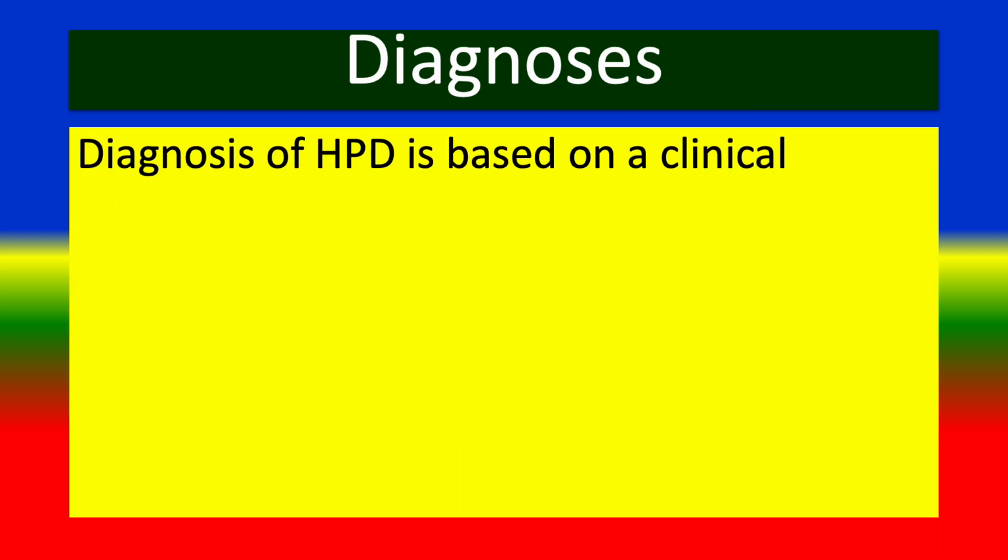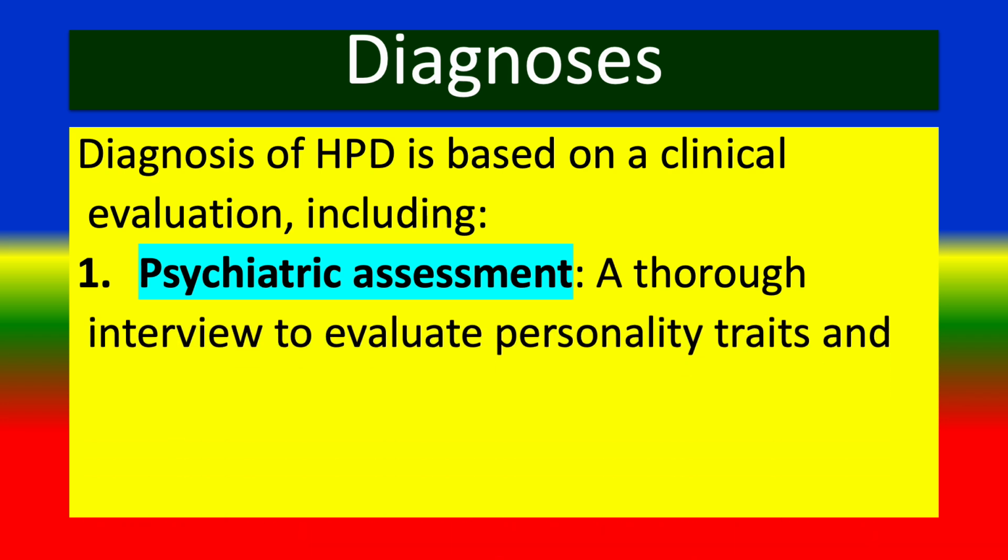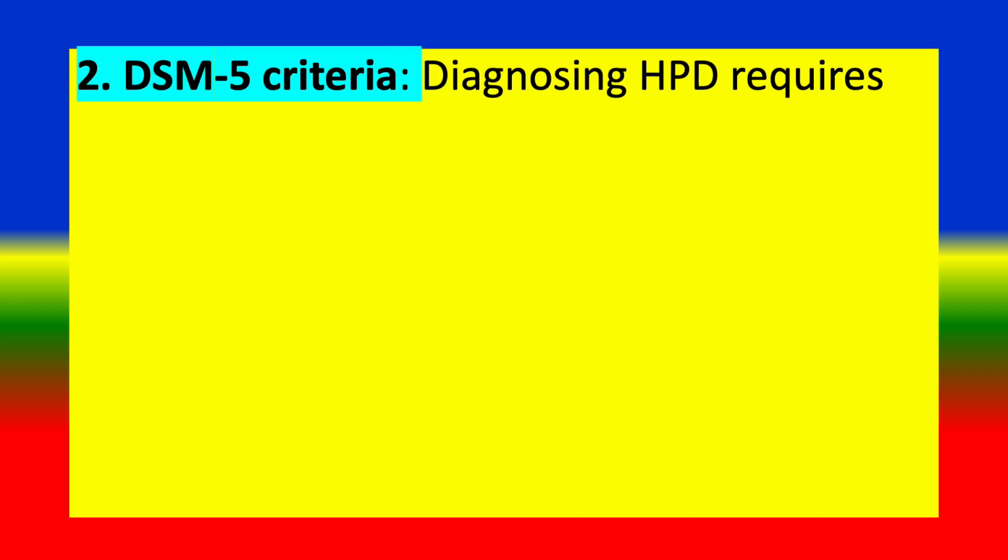Diagnosis. Diagnosis of HPD is based on a clinical evaluation including: one, psychiatric assessment, a thorough interview to evaluate personality traits and behaviors. Two, DSM-5 criteria.